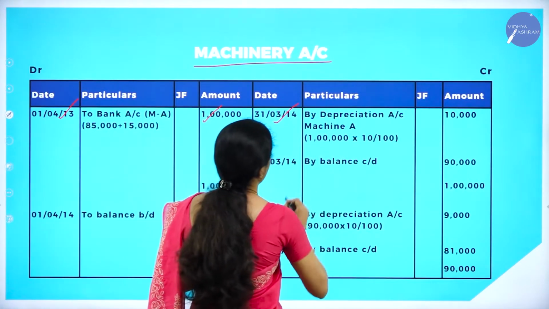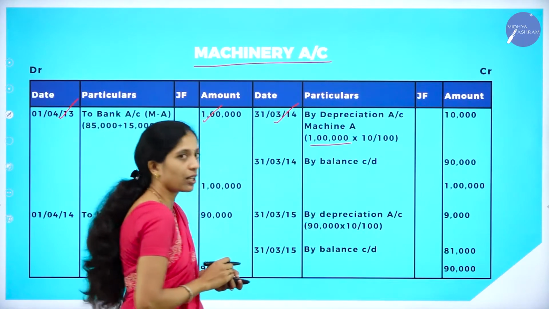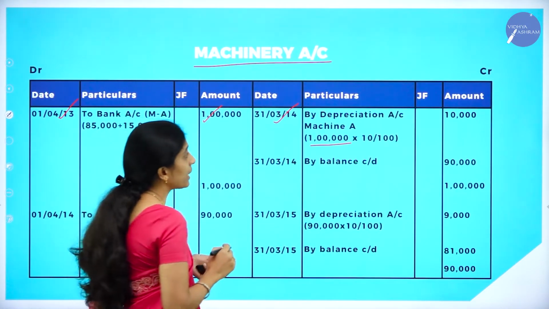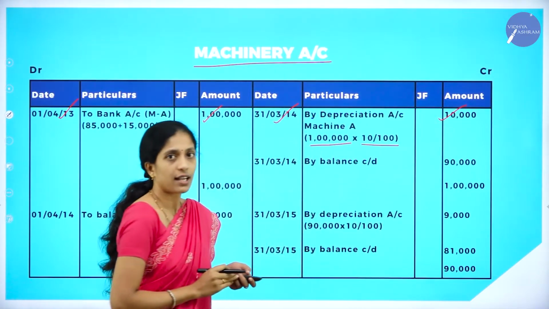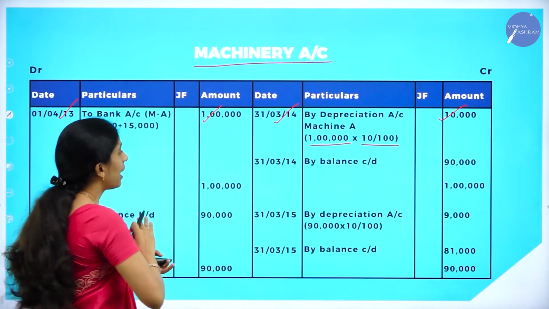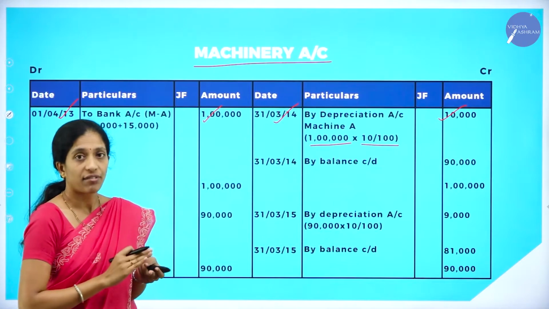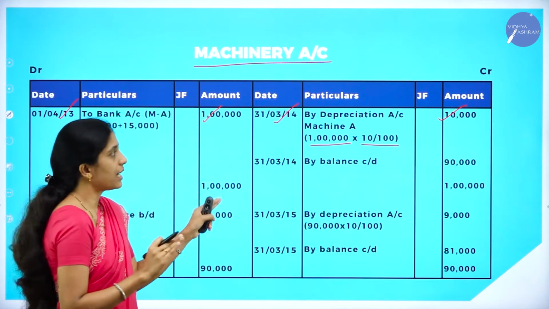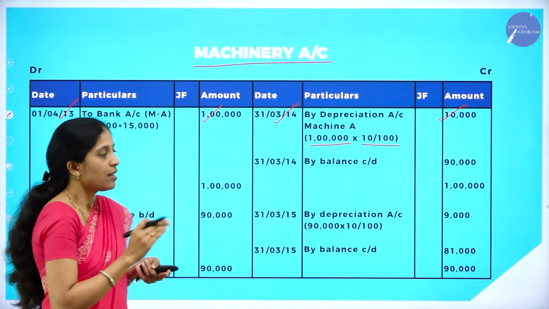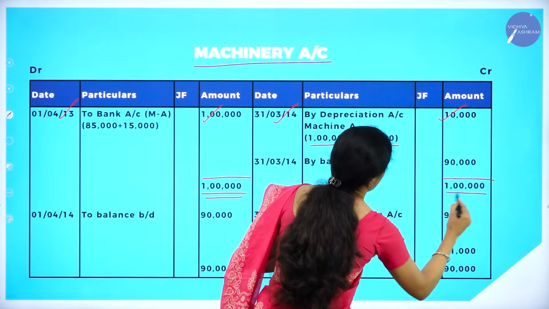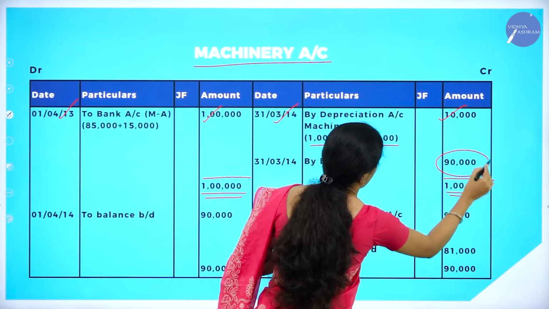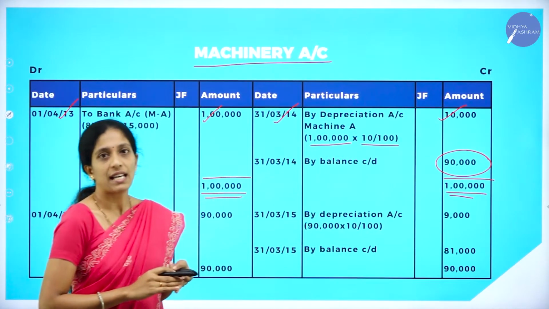So by depreciation account, 1 lakh is the original cost of the machine into 10%. 10% is the percentage of depreciation, so I'll get 10,000. Now balance both sides, because in the first year only one machine was there, and it was there for the whole year. So debit side it is 1 lakh minus 10,000, so I'll get 90,000 as a balancing figure.